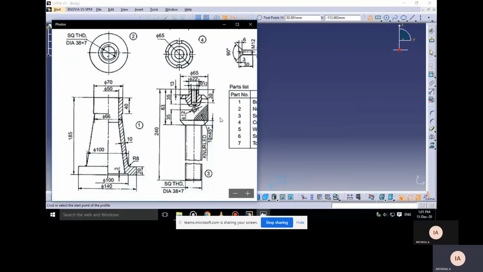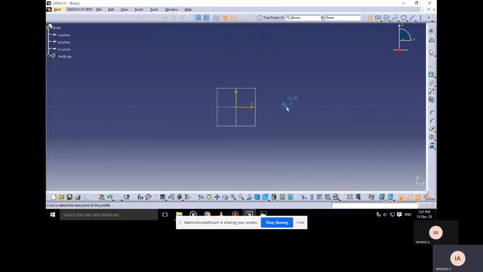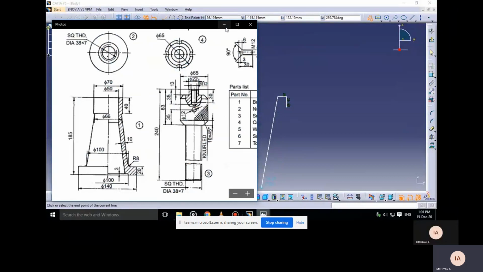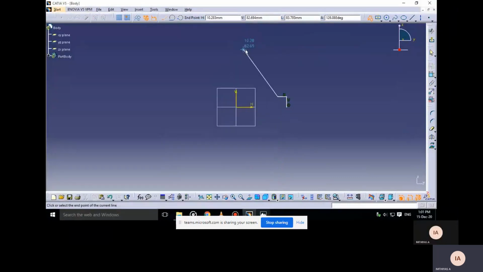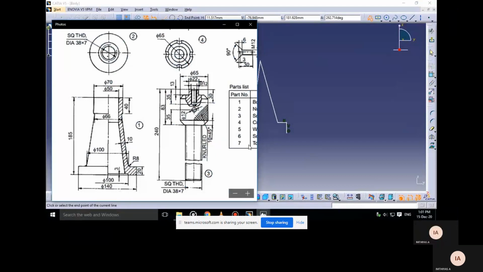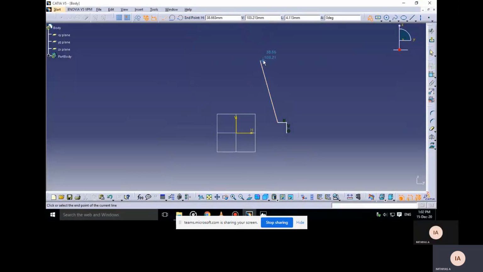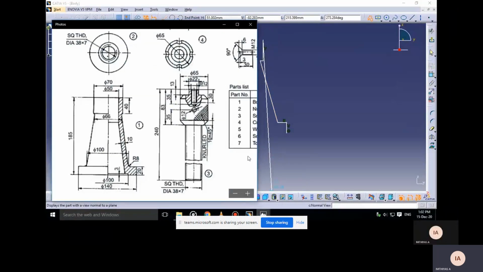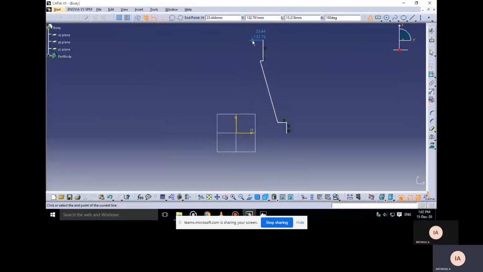The base is of 20 mm thickness. The height is of 185. First of all, we will draw a profile, then we will use the constraint symbol to change the dimensions.